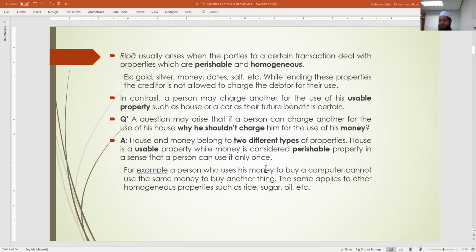It has to be a different 1,000 ringgit, which means that you have consumed, destroyed that money, and you are bringing me the equivalent of money as repayment. But when it comes to a house, car, mobile phone, you are going to give me back exactly the same house, exactly the same car, exactly the same mobile phone. All right.